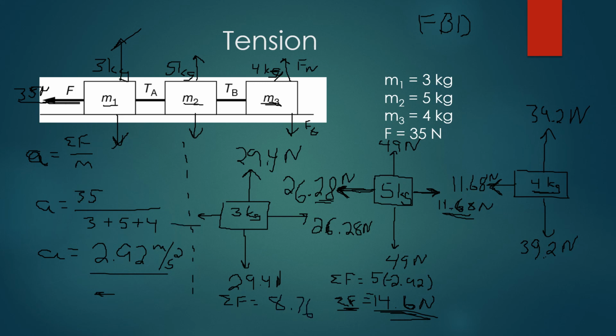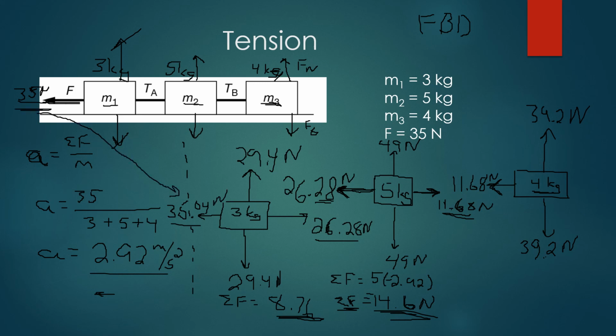So I know that this minus this has to equal this, because these are the arrows that cancel out. So I'm going to do 26.28 plus 8.76. Wait a minute. If I know that the net force here is 8.76, this number has to be 35.04. Wait, Pizzuto, that's really similar to the original force.